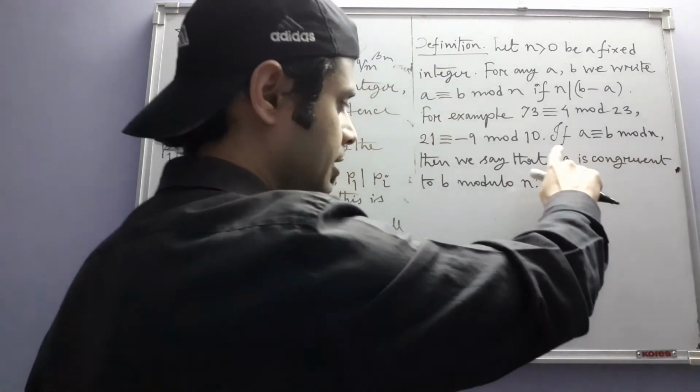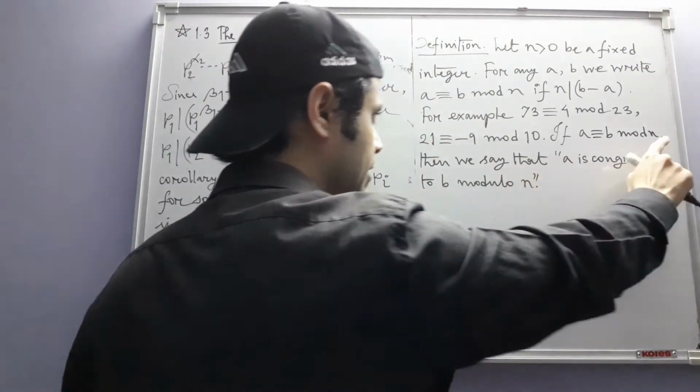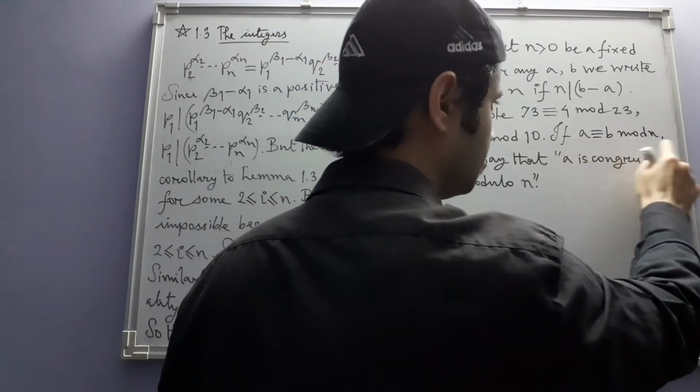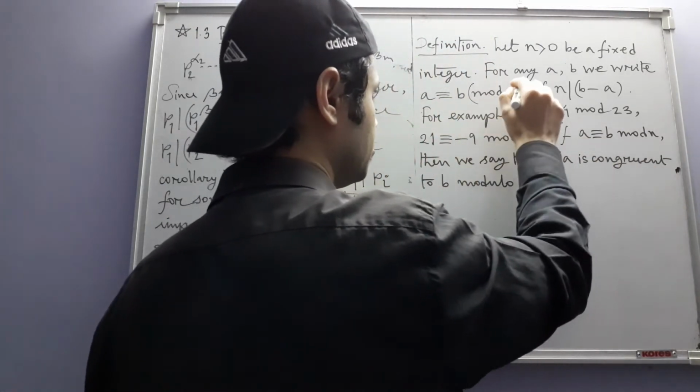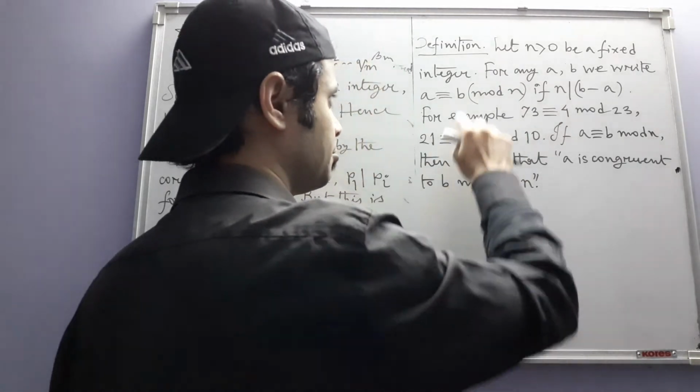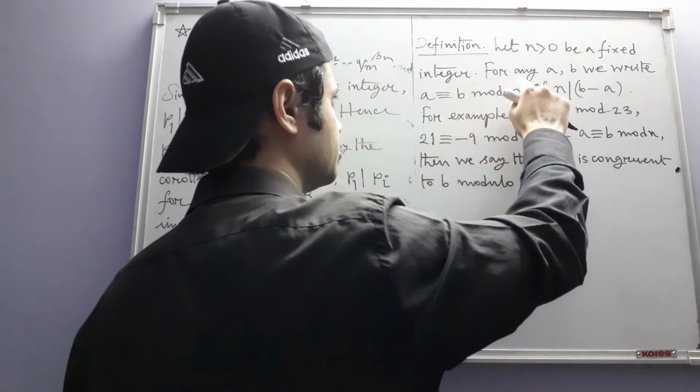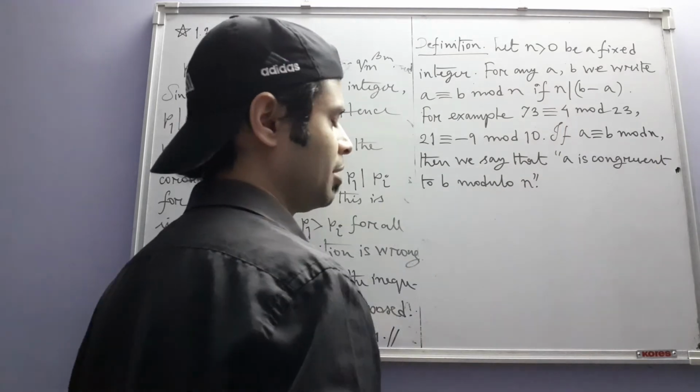When we write, it's read like this: a is congruent to b modulo n. Some authors put brackets, but Herstein chooses to not use brackets. It does not matter actually.